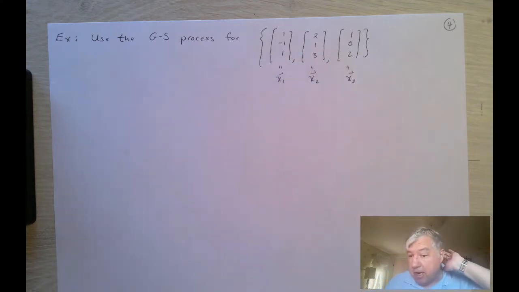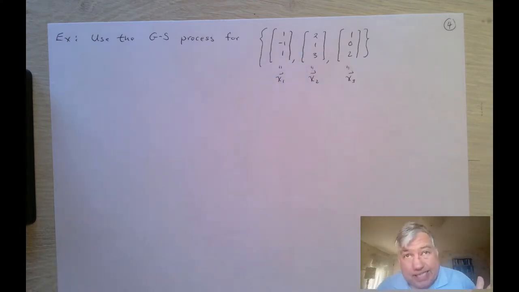These are linearly independent, so of course they are a basis of R3. And of course we already know there's an orthogonal basis of R3, namely the standard basis. But we want to use the Gram-Schmidt process because we want the corresponding spans of the smaller subspaces to coincide.